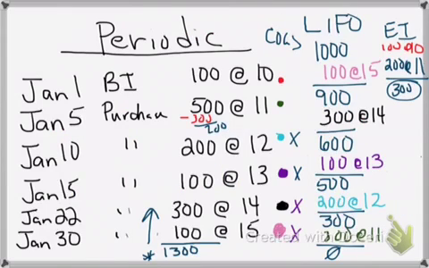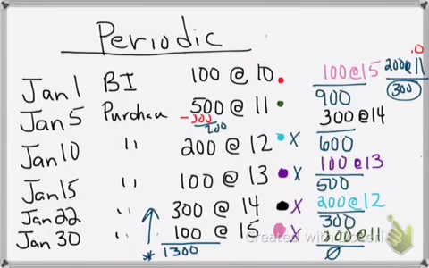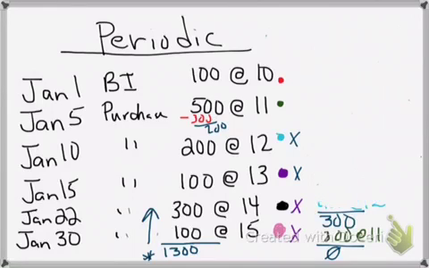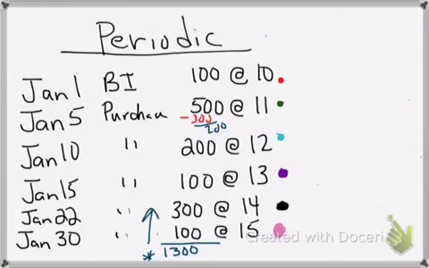Now the other thing that we have to do with this periodic system is weighted average. Weighted average is not difficult. You don't have to look at a lot of these things that we've been looking at. You don't have to worry about the colors or anything else.